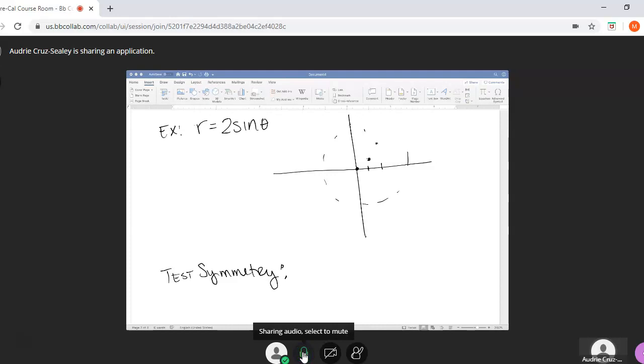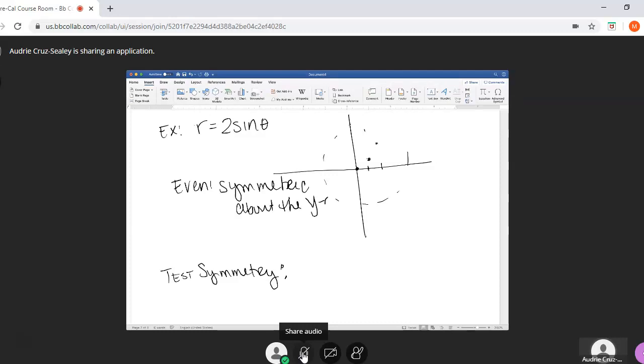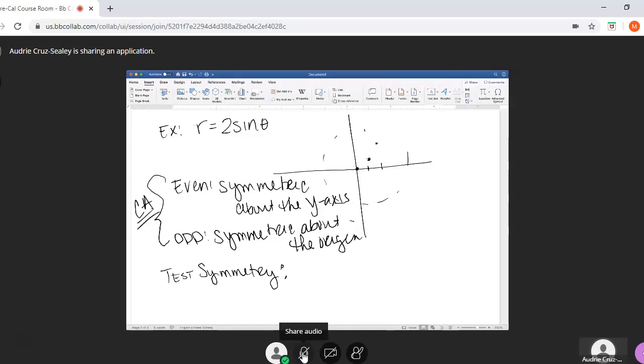Yes, cosine is even because it's symmetric about the y-axis. So if you're even, that means you're symmetric about the y-axis. And then if you were odd, does anybody remember what it meant to be odd? Symmetric about the origin. This is college algebra, and we discussed it in this class.